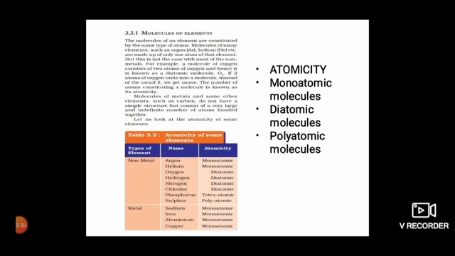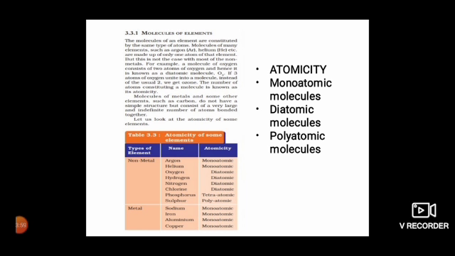For example, ozone has the structure O3. Three atoms of oxygen combine to form one molecule of ozone, O3. So this comes under the category of polyatomic molecules.